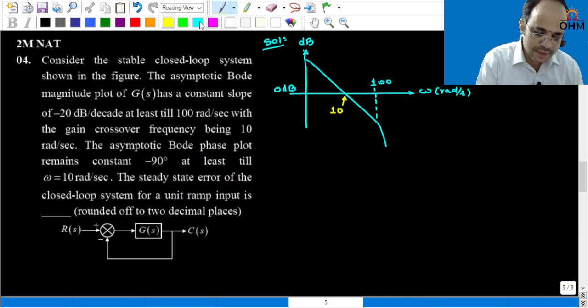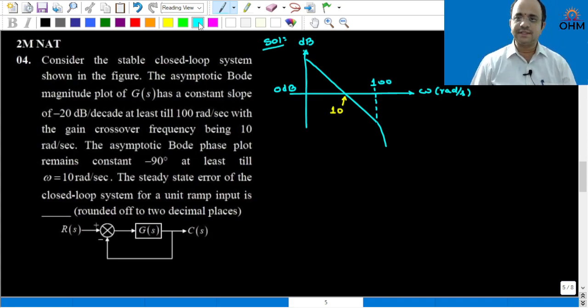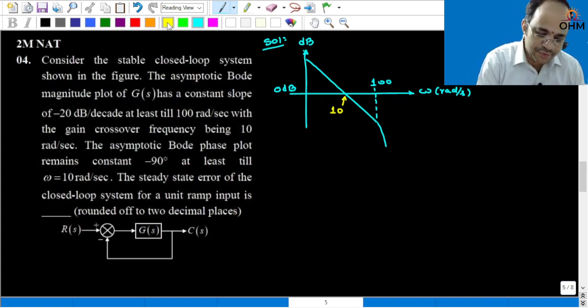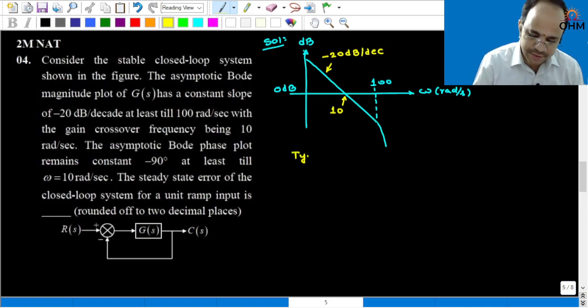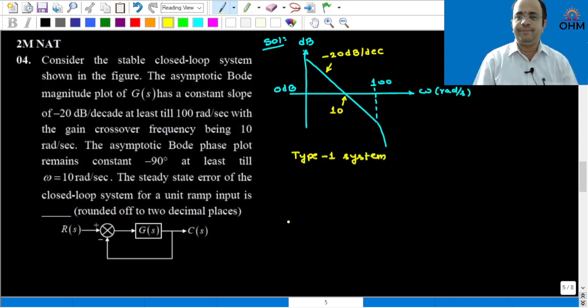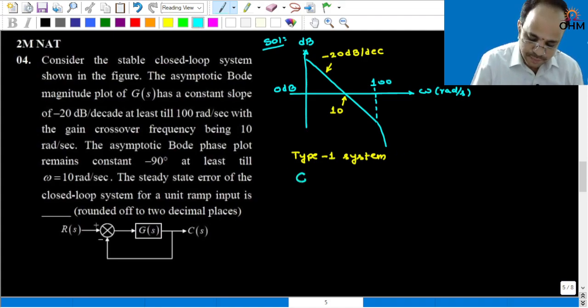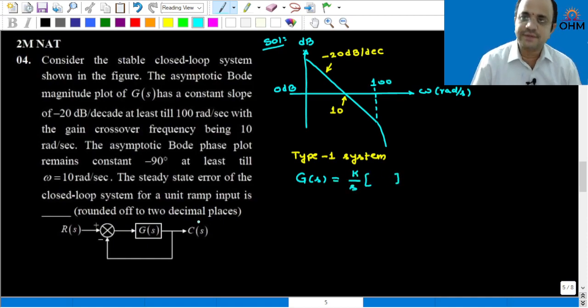Now the question is, what is the steady state error? By seeing the initial slope of minus 20 dB per decade, you can say that the given system is a type 1 system. So in this transfer function, G of S has the structure of k by s into some factors.